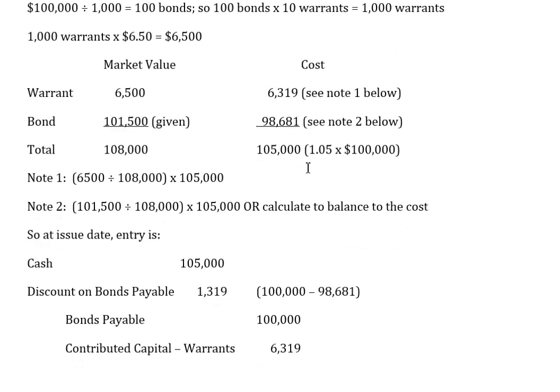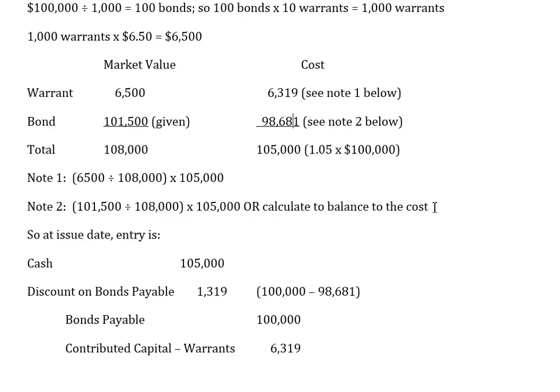Or I could just calculate the cost of the bond using the relative market value of $101,500 for just a regular bond divided by the market value of the total bundle and multiply that by $105,000. This is how we apply the proportional method. And that would give me $98,681.